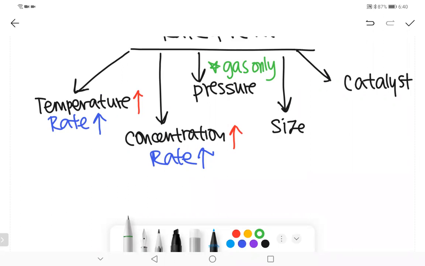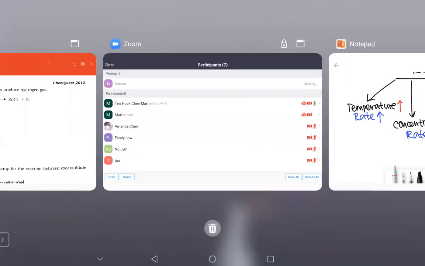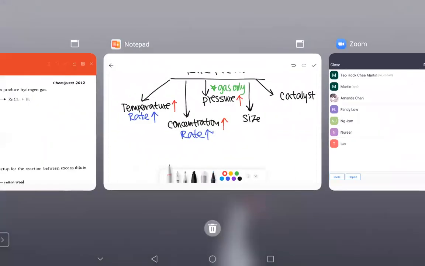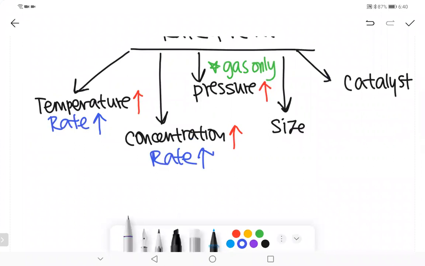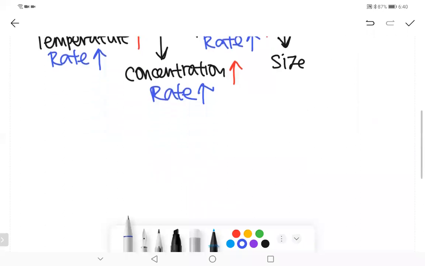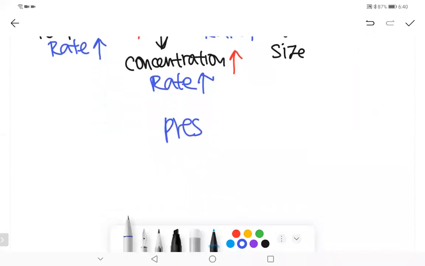Now what we need to know is, when pressure increases, when we use a higher pressure, our chemical reaction is faster. The rate will increase. When we use a high pressure, our chemical reaction will become faster. So I will give you an example. One example is the pressure cooker.